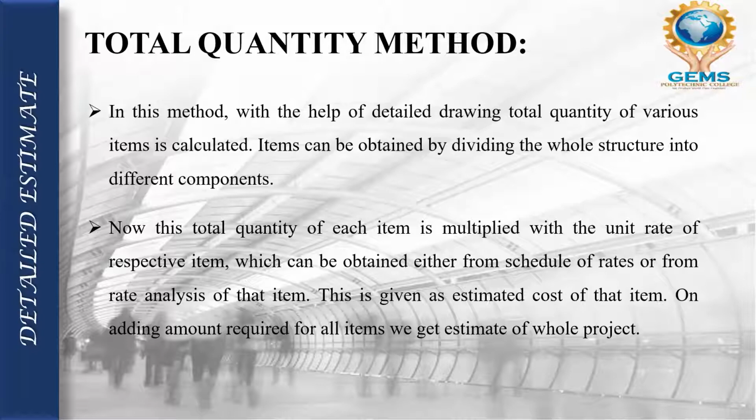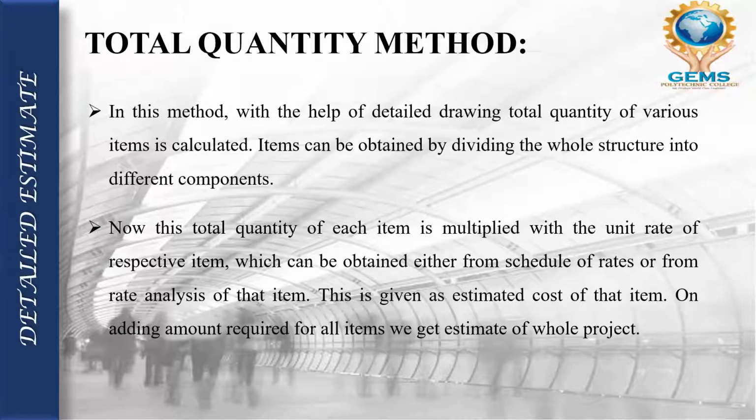Items can be obtained by dividing the whole structure into different components. In this also, we can get the details through a drawing, whether it may be a plan, section or elevation. Through the plan, the drawing of the building, we have to get the details.